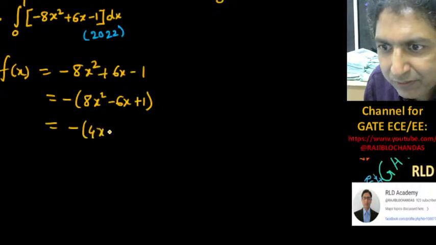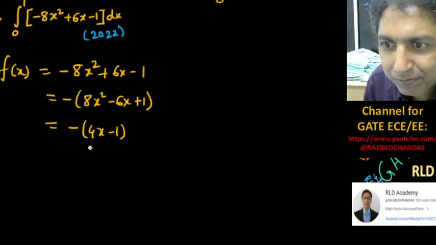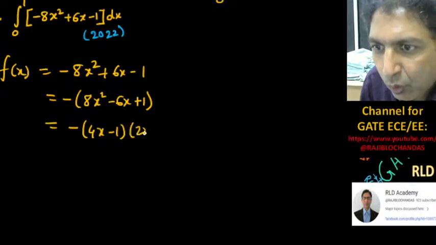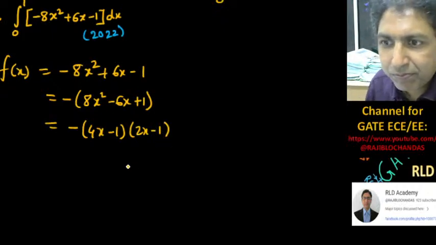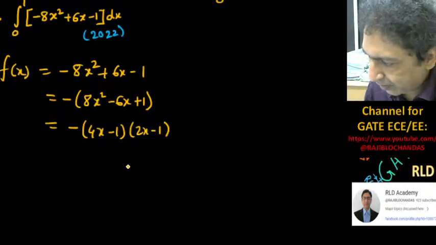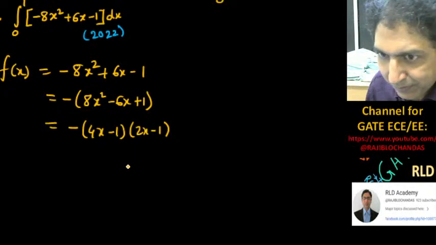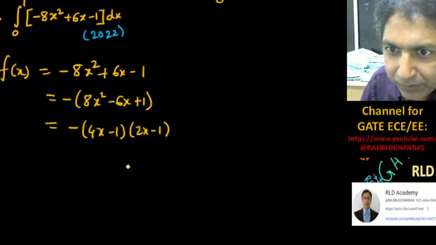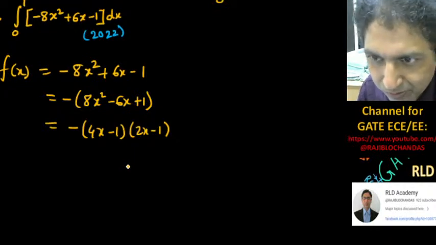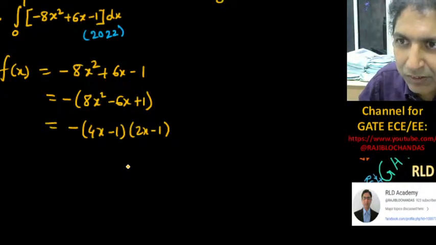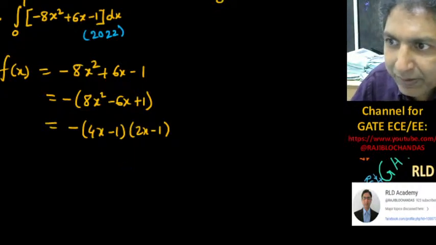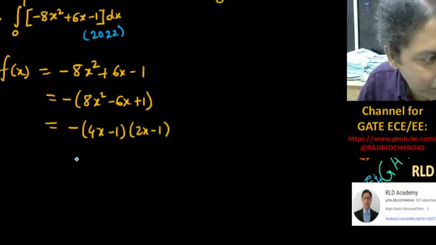This is 4x minus 1, and I think 2x minus 1. You will get these two factors. Okay, so when this function is having zeros, and what is this plot? So that is a little bit tricky, you need to understand.